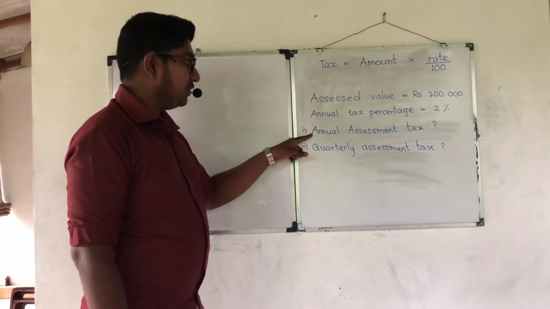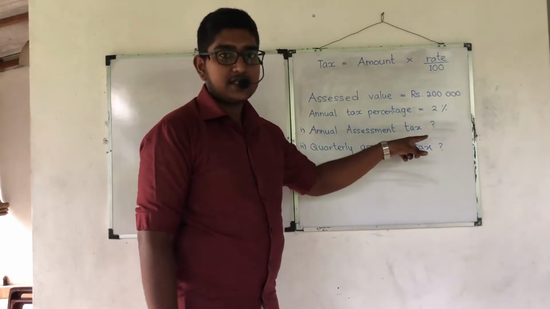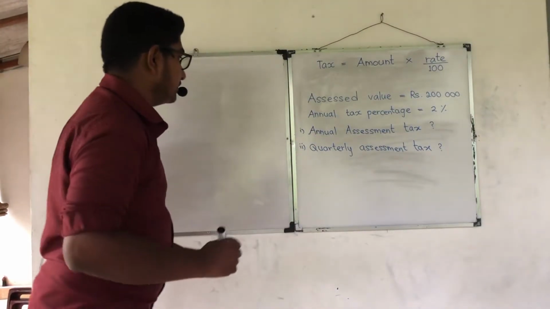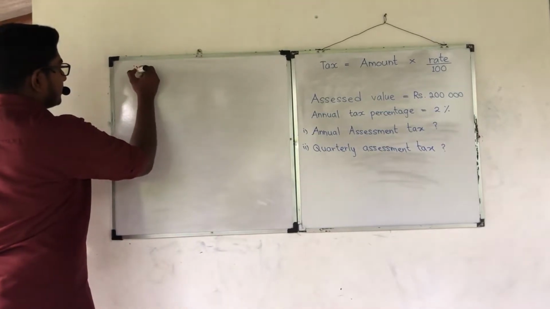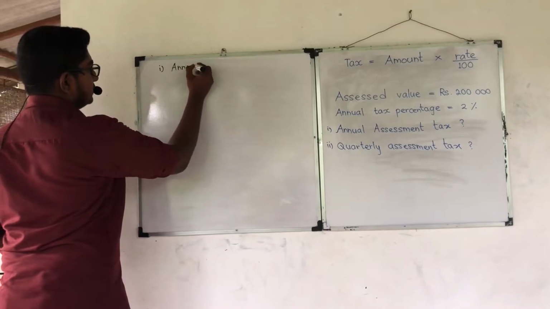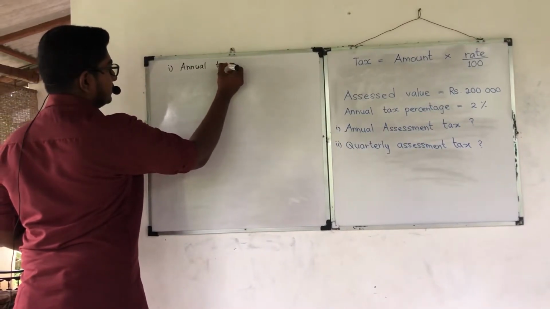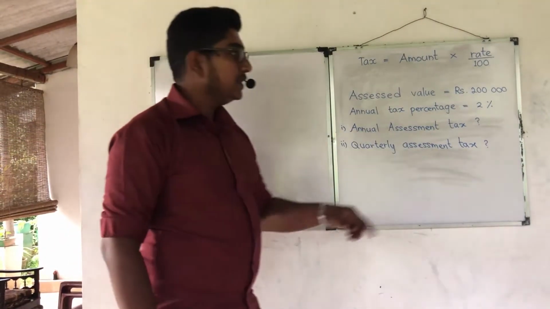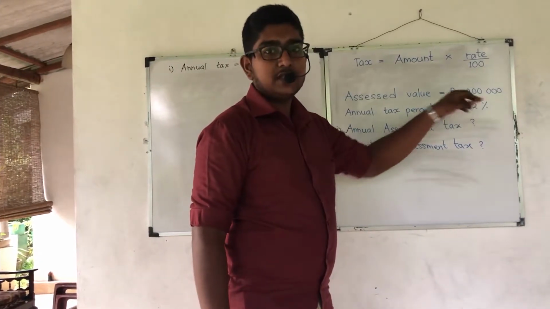In the first part, we have to calculate the annual assessment tax value. Annual tax is exactly 2% of this 200,000 rupees.